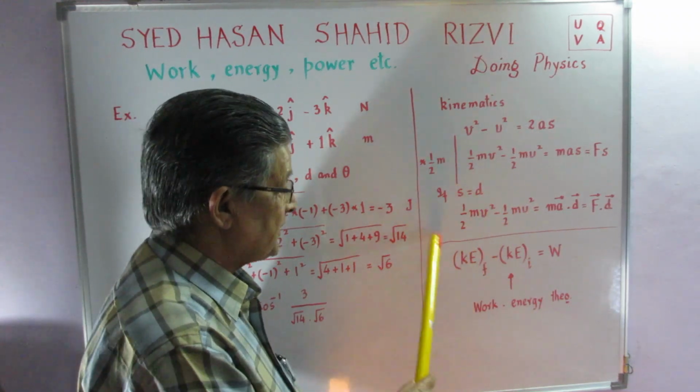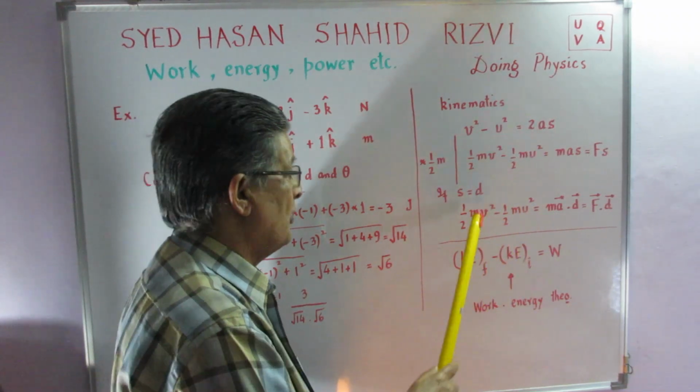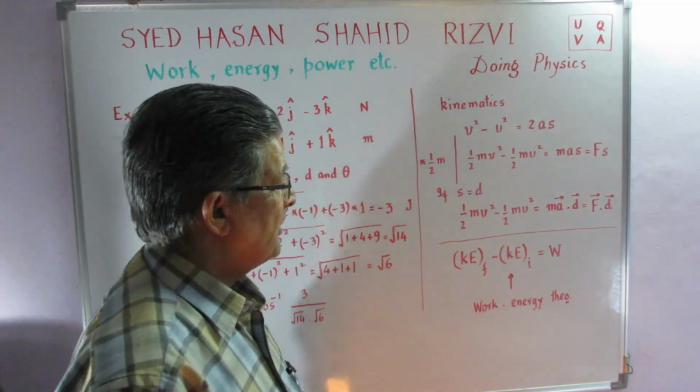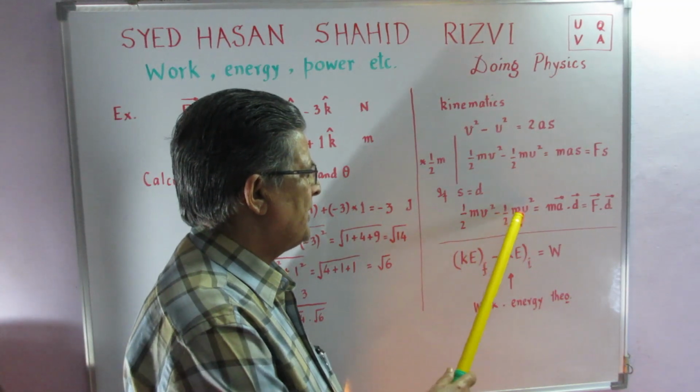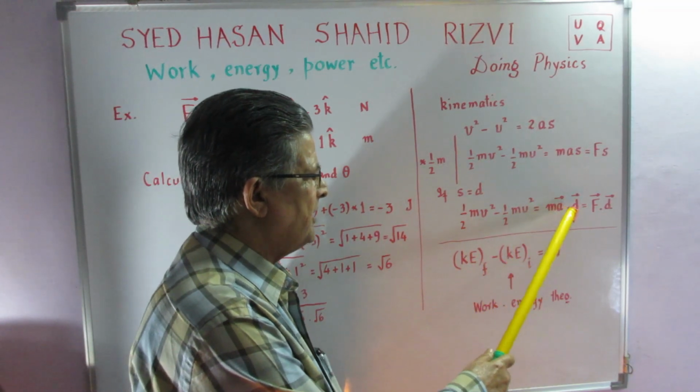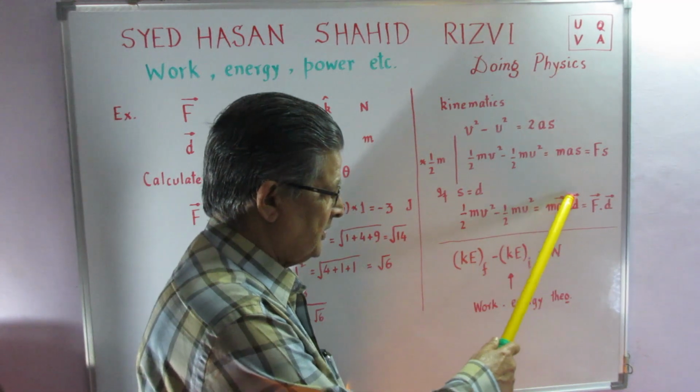kinetic energies. I will tell you how it is kinetic energy and how we get this expression half mv square, etc. So half mv square minus half mu square is equal to ma dot d. Okay, this is a vector, this is also a vector.